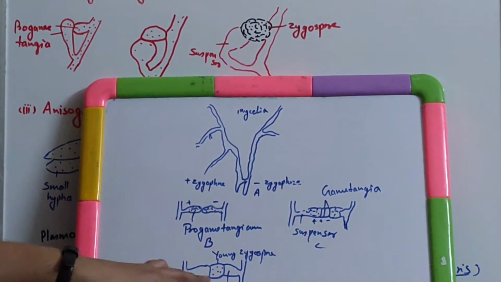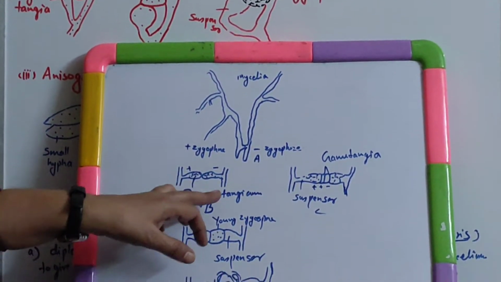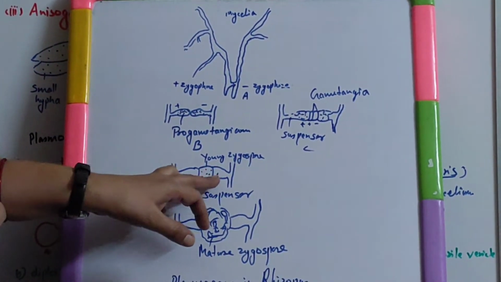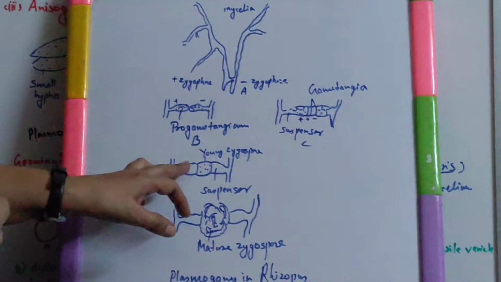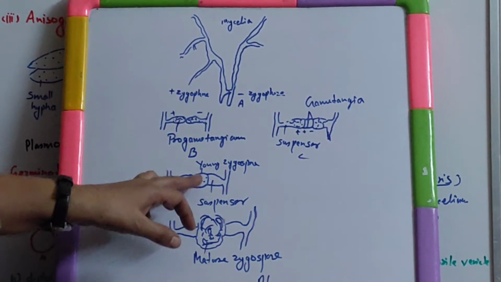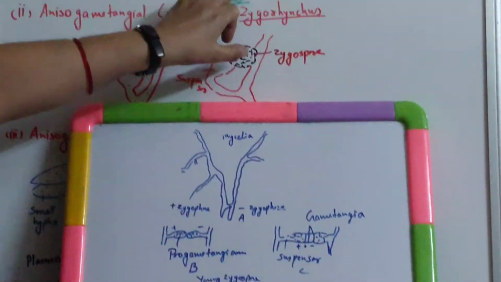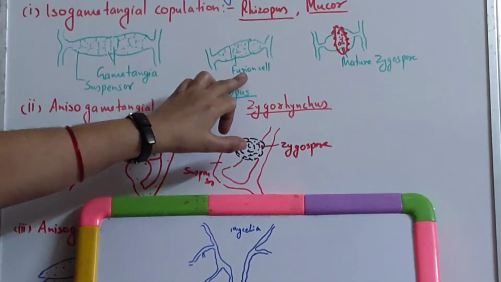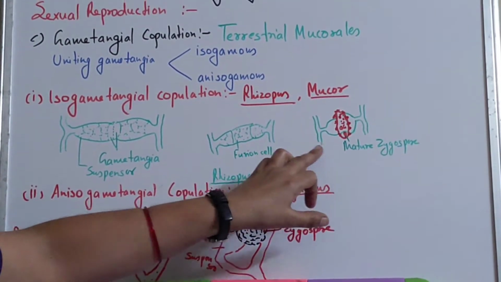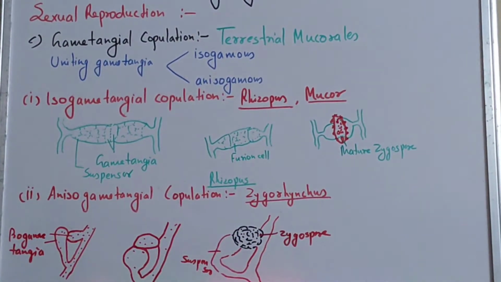Then the intervening wall of the gametangia dissolves, as a result of which the protoplasmic contents of both the plus and minus strains come into a fusion cell. In this fusion cell, the nuclei fuse to give rise to the zygospore.